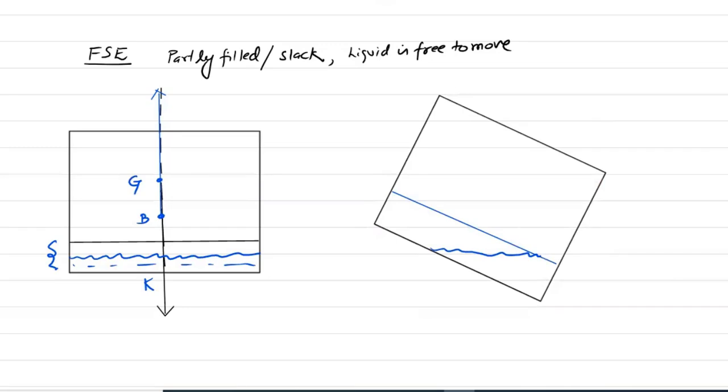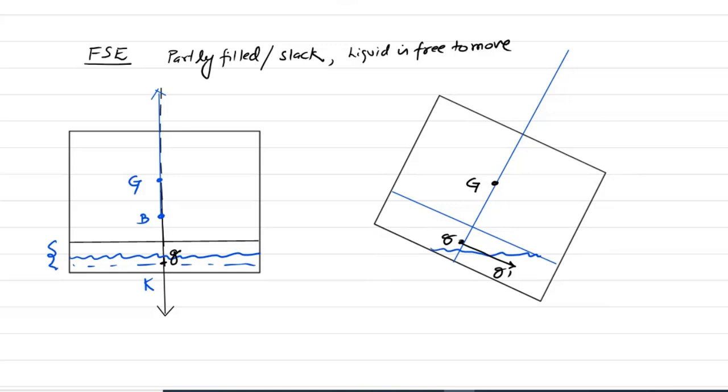So first let's draw this. Suppose this is the center line, and suppose G is here. G will remain the same here. But B's story will change. The small g has shifted to this g, G G1.